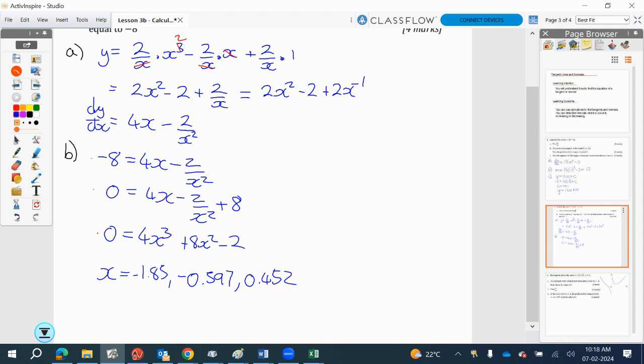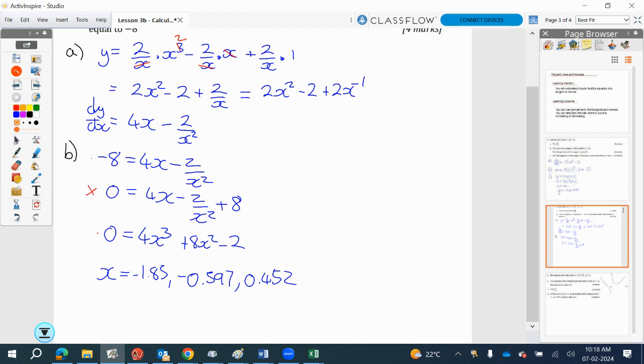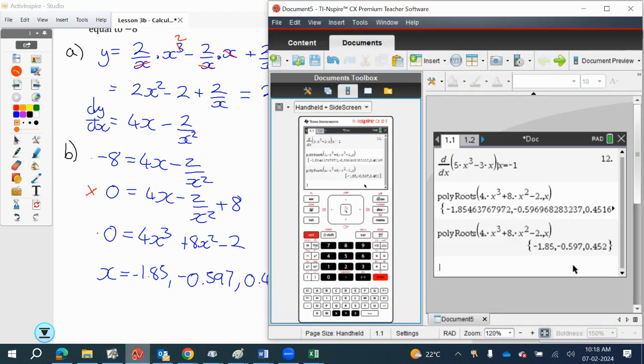Let me do it another way. Here at this point, when I've rearranged it, I'm going to graph it, because I haven't done much algebra to get to here. I've just moved the 8 across. I haven't had to multiply through by x squared, which is a bit more challenging. That's a good point to graph it at.